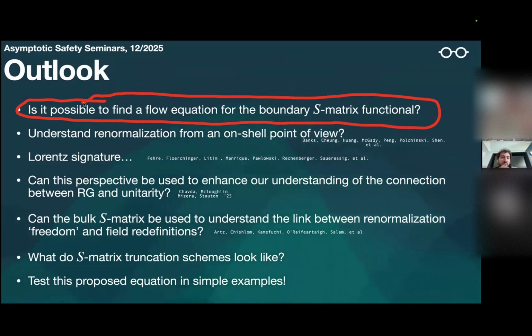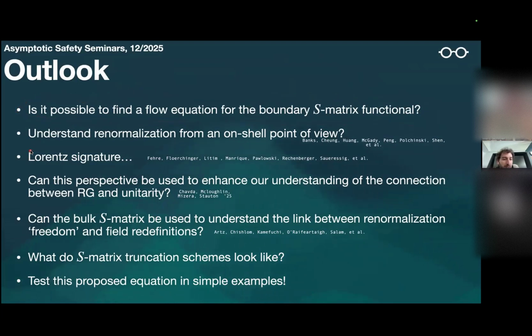We have some hope that we can use our bulk equation to lead us in the right direction, but so far this has faced some challenges. Another nice thing to do, as I mentioned in the motivation, is that if we work close to the S-matrix, because it is a fully on-shell object, this might offer us an opportunity to understand renormalization from an on-shell point of view.